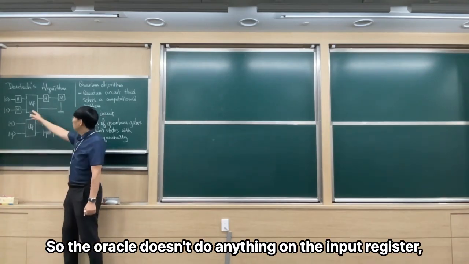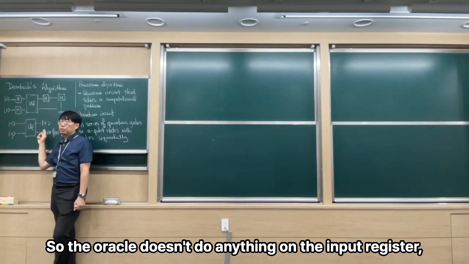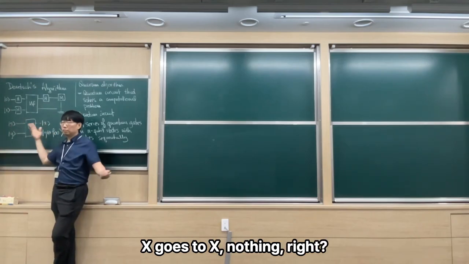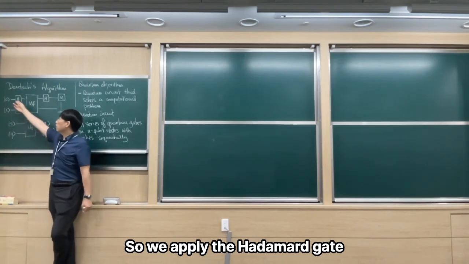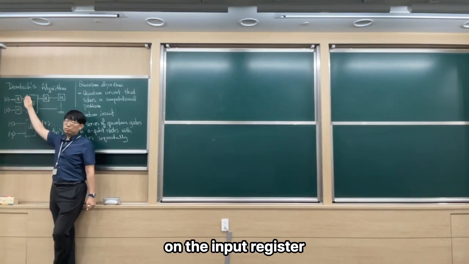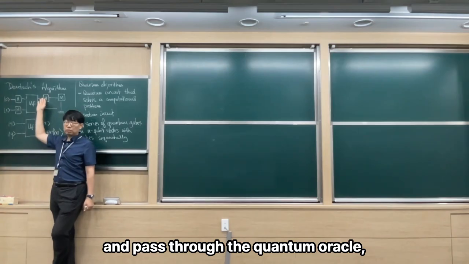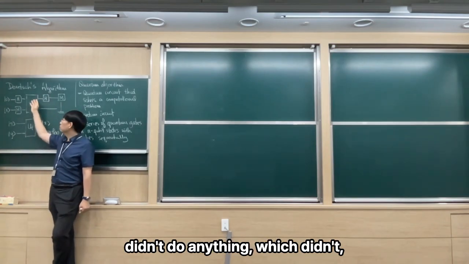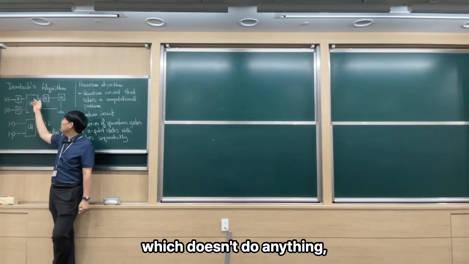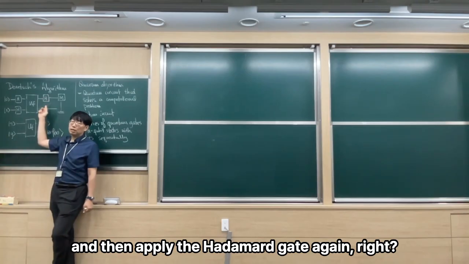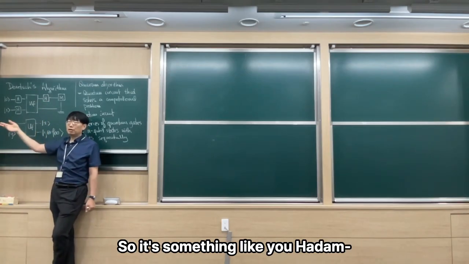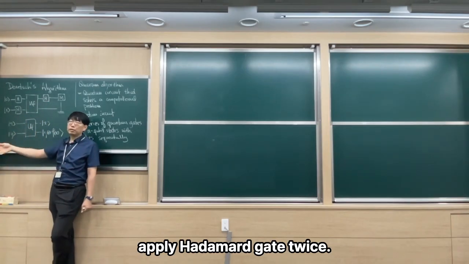The oracle doesn't do anything on the input register. X goes to X, nothing, right? So we apply the Hadamard gate on the input register and pass through the quantum oracle, which doesn't do anything, and then apply the Hadamard gate again, right? So it's something like you apply the Hadamard gate twice.